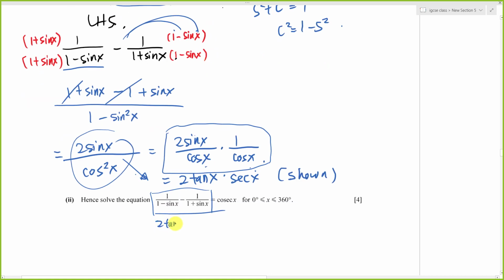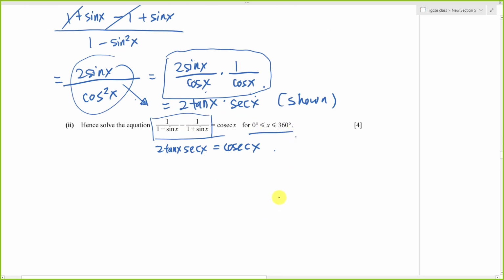So this is 2 tangent x secant x equals to cosecant x. Because I need to solve it, and my answer is between 0 and 360. So yeah, solve it. So tangent is sine x over cos x, secant is 1 over cos x, cosecant is 1 over sine x.